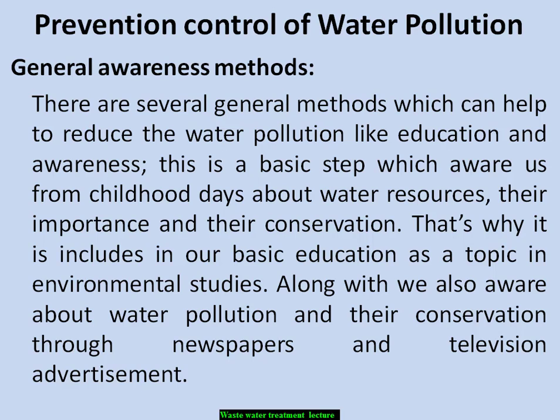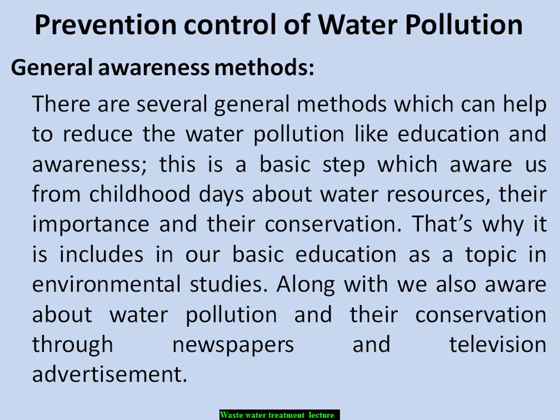First, the prevention and control methods for wastewater or water pollution. The first method is the general awareness method. Awareness is the best practice which is very helpful to reduce any kind of problem. In different ways we make students aware from childhood how to use water as well as how to stop water pollution.